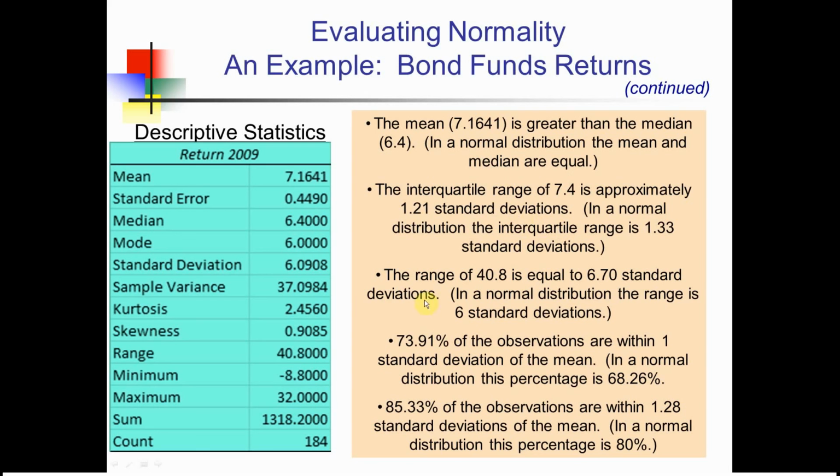How much data is between one value and another? Whereas you see, look, 73.91% of the observations fall within one standard deviation. If it was normal, we'd get 68.26. So you can see this is a bit off.